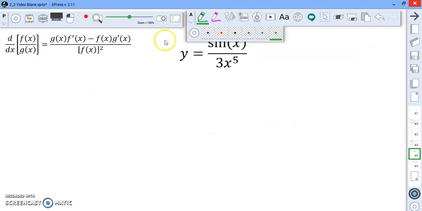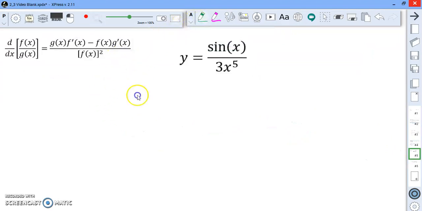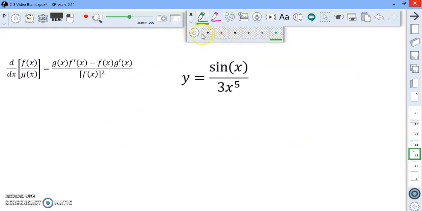So, applying that, I have it written here just in case we need it. I don't know, maybe I'll forget it. So I wrote it there to remind myself. Derivative of this quotient. On the numerator, I know the derivative of that. Denominator, I know the derivative of that.